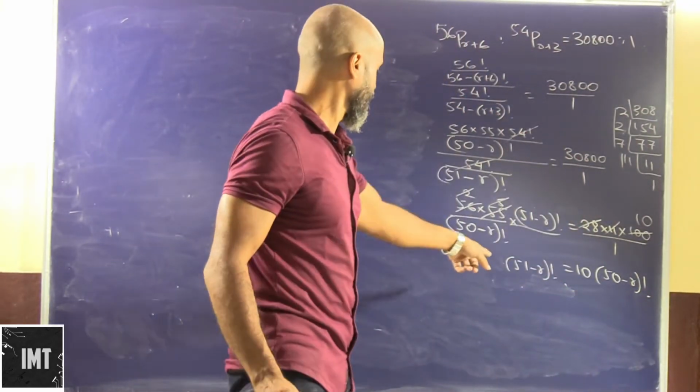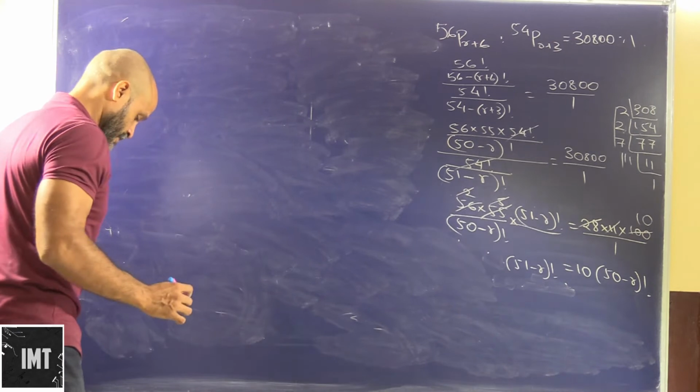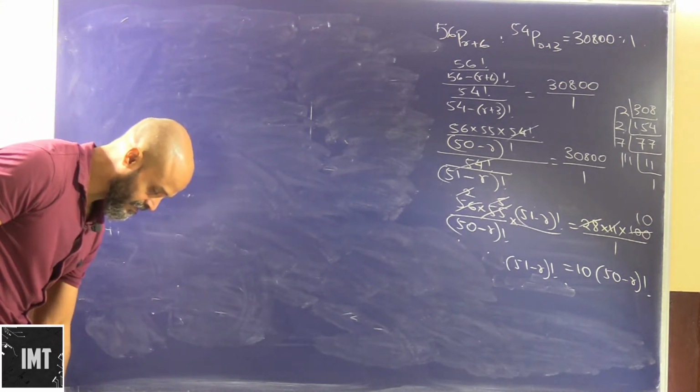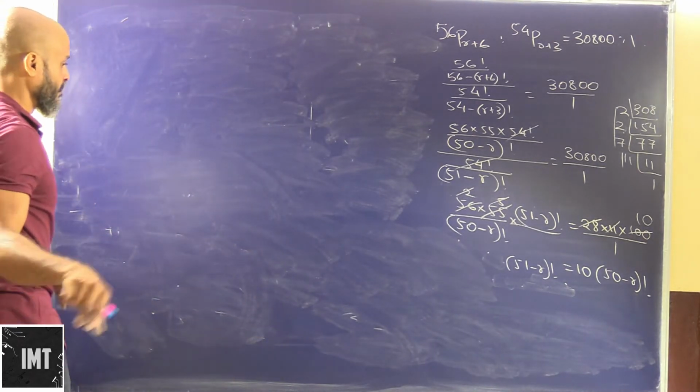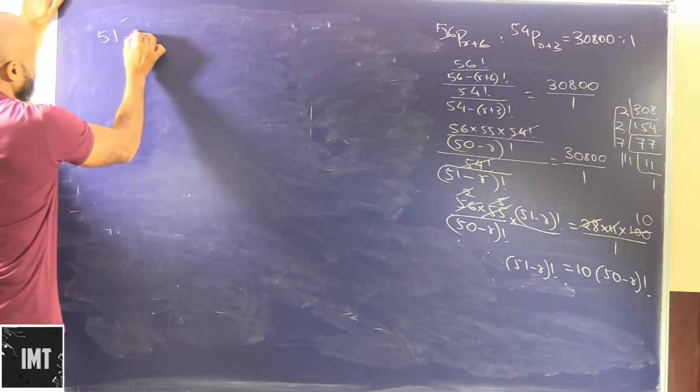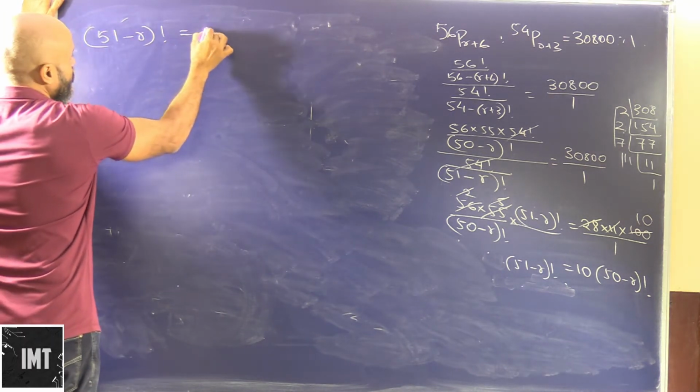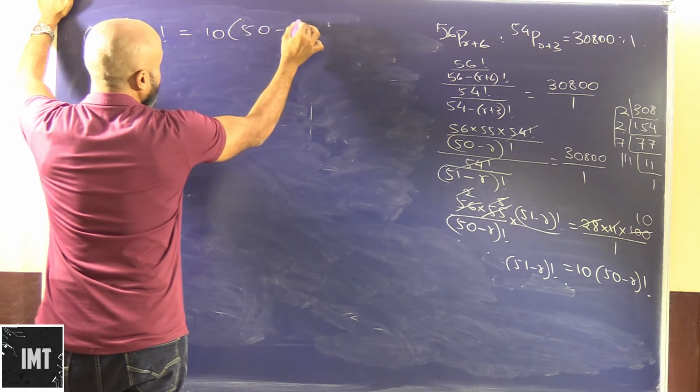So we were here last time, 51 minus r. 51 minus r factorial is equal to 10 into 50 minus r factorial.